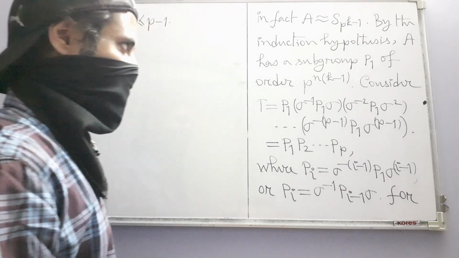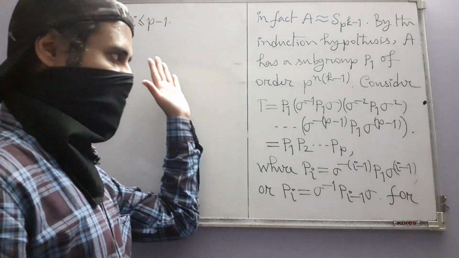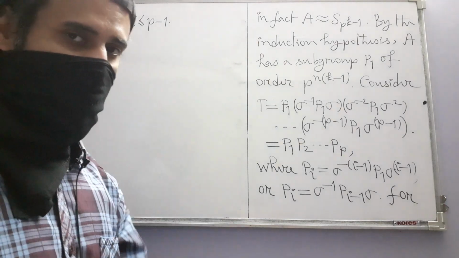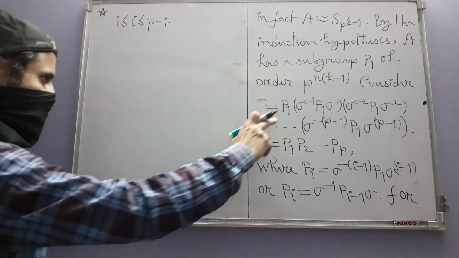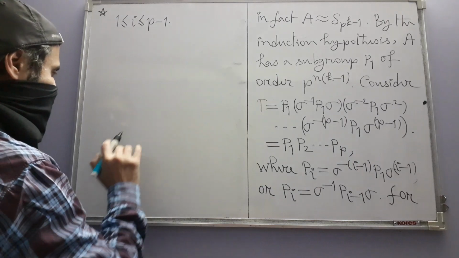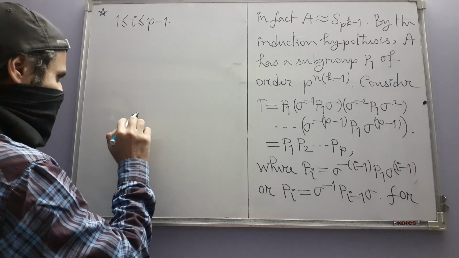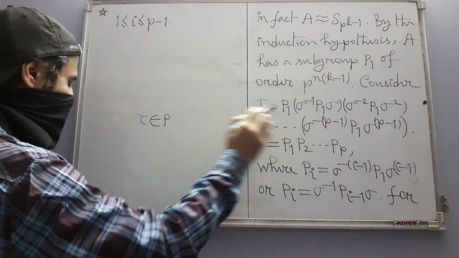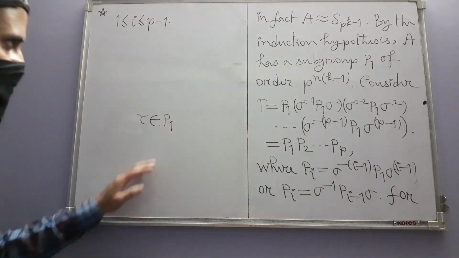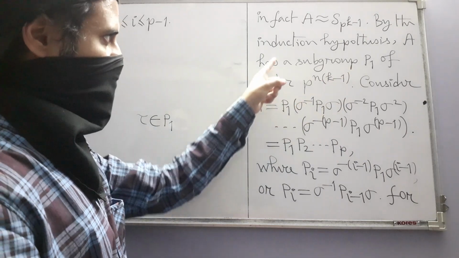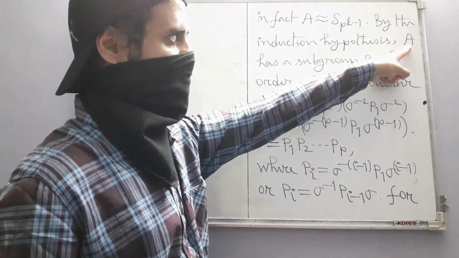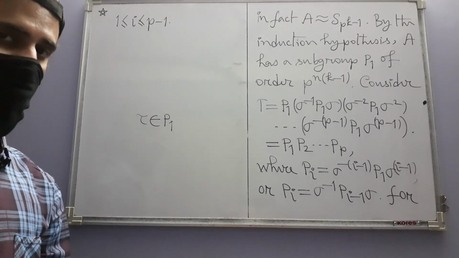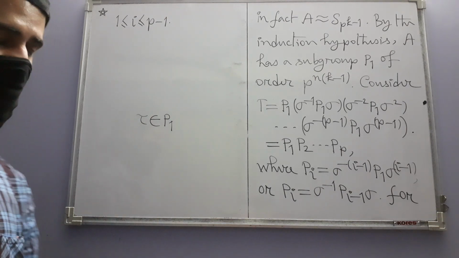Okay, now you recall what we did just now with all those sigmas and everything. You take an arbitrary element of P, say tau, of P1, because P1 is after all a subgroup of A. This tau is in A, and in A what are the types of elements that you have?